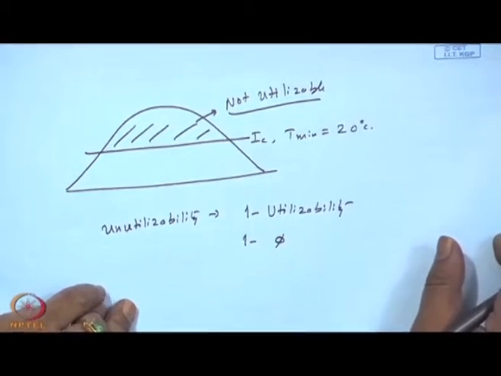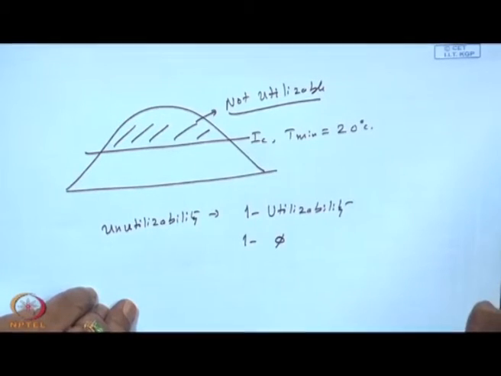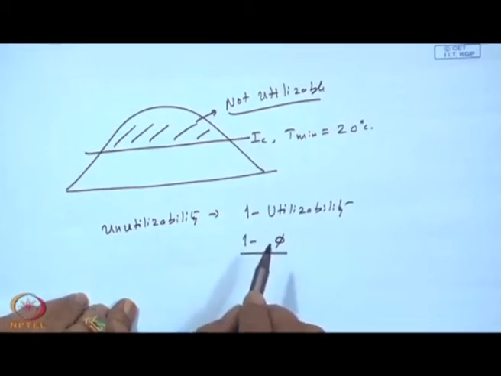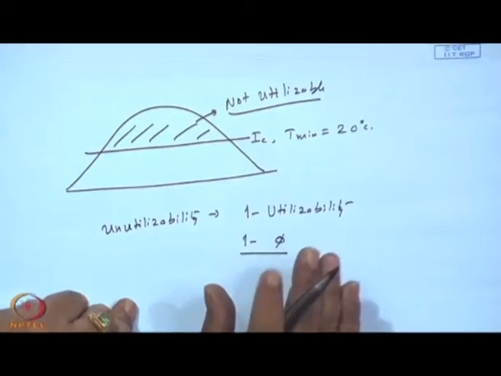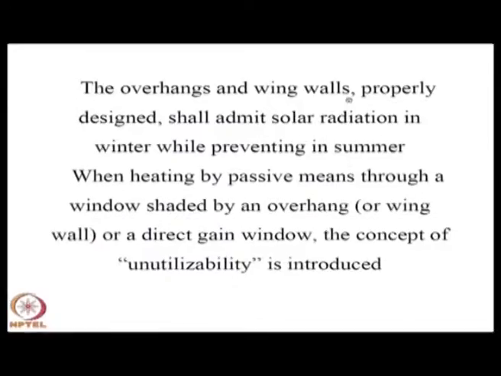So, whatever we try to do as far as a useful energy gain is concerned, with this direct gain window, you calculate utilizability as if it is a collector supplying at T minimum of 20 degrees C, and 1 minus that utilizability is the one actually that is utilizable, and the above one is unutilizable. You do not want to heat it up beyond the requirement.